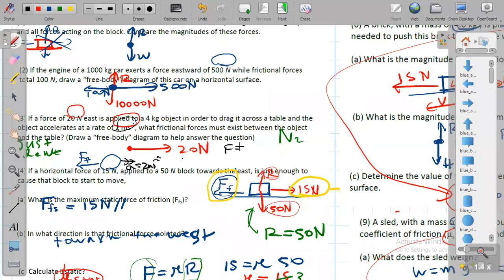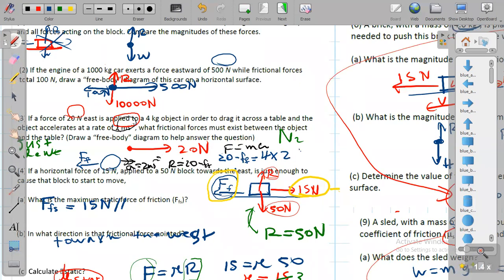Now F equals ma, but F is the resultant force. The resultant force is the 20 Newton forward force minus F friction. So I write 20 minus F frictional equals the mass of 4 times the acceleration of 2 m/s², which is 8.